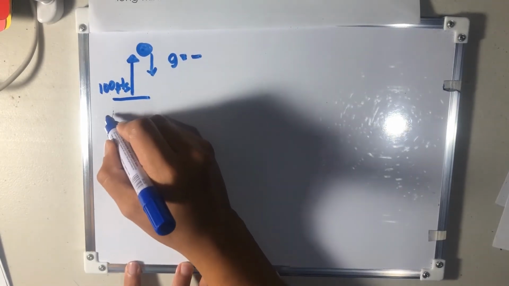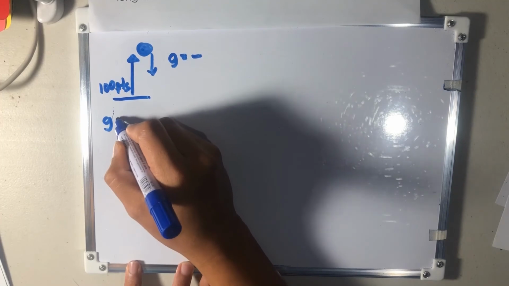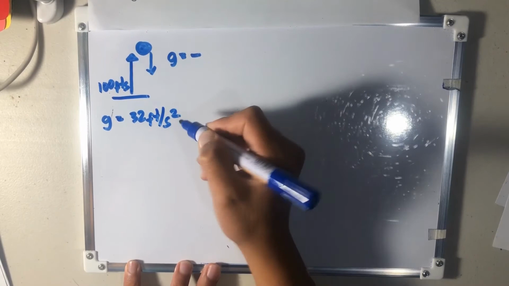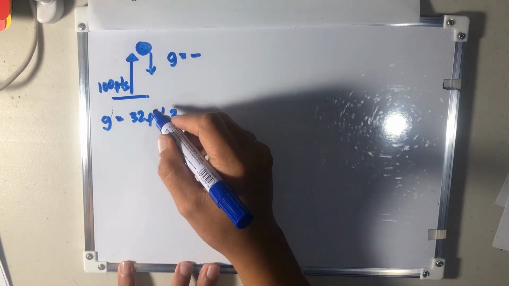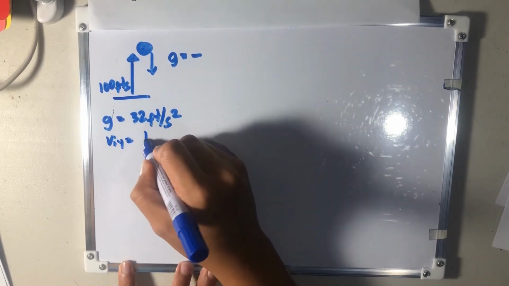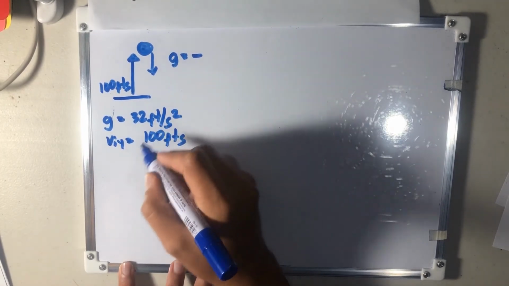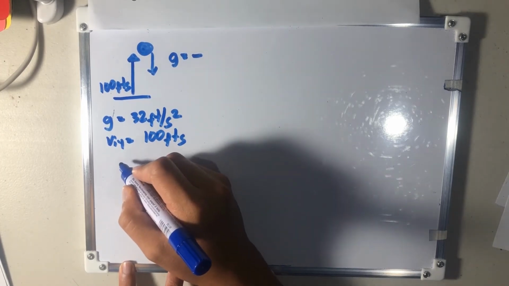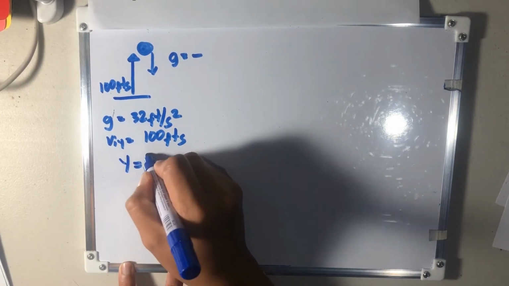So we know from the problem that the acceleration due to gravity is 32 feet per second squared. Then we know that the object is projected vertically with a speed of 100 feet per second. So for letter A, we are looking for the maximum height. So the question goes, how high? So that is y.